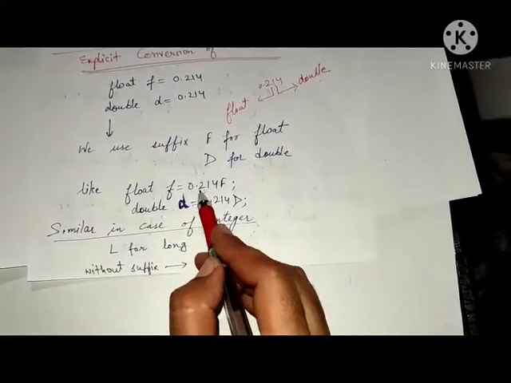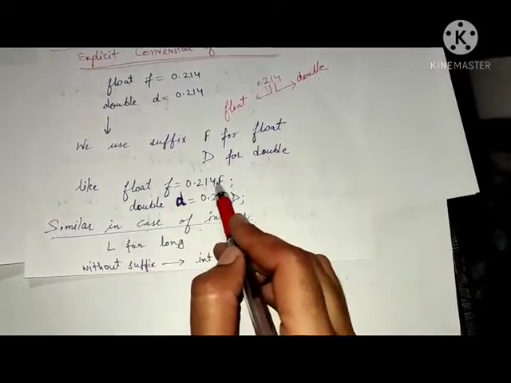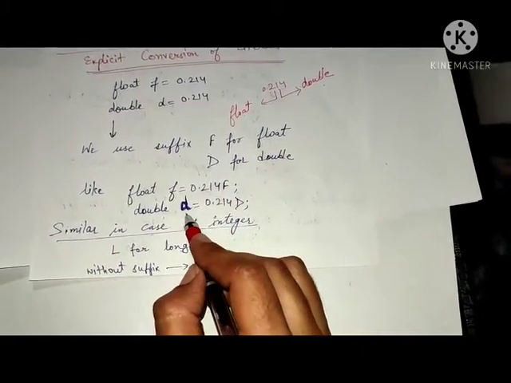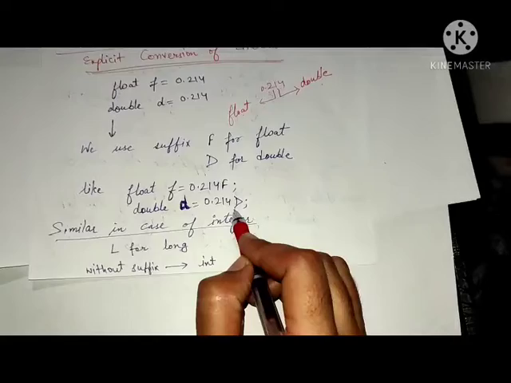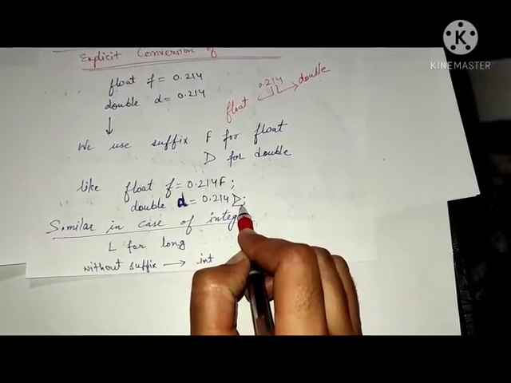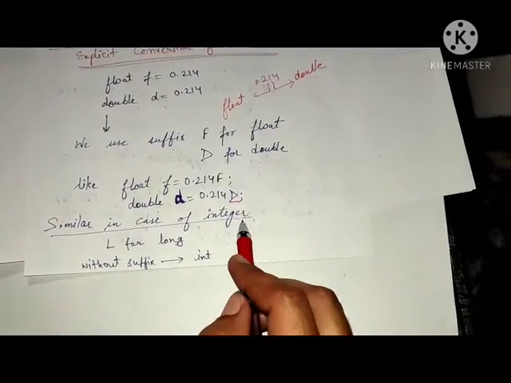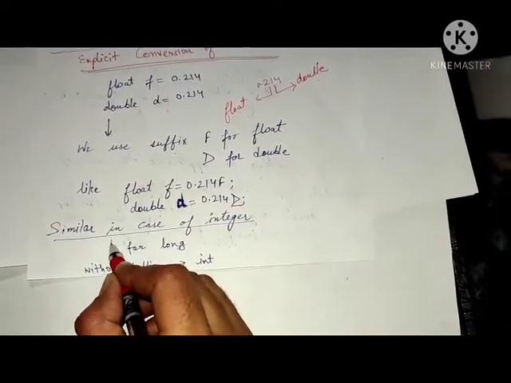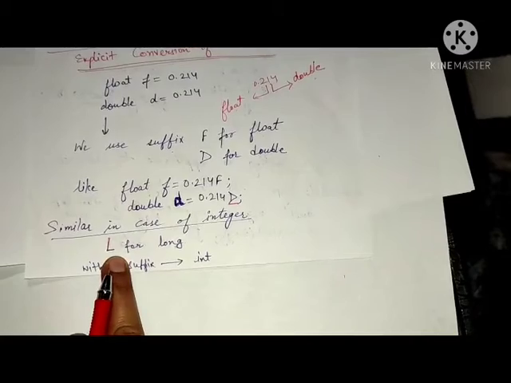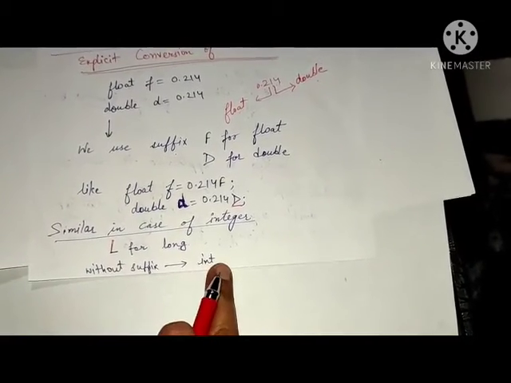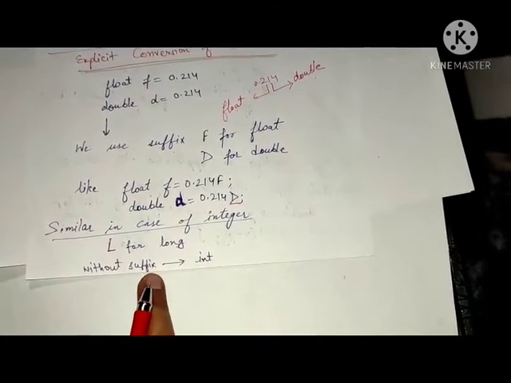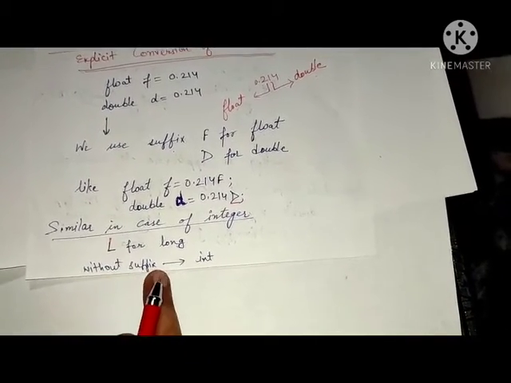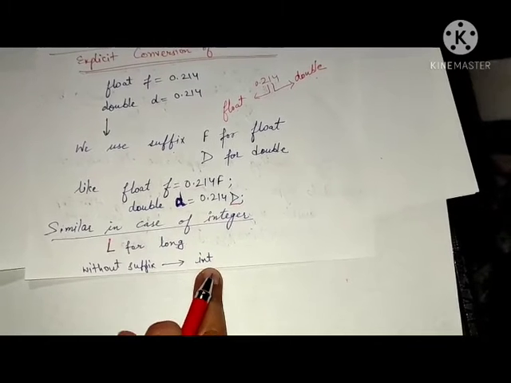For example, when we are giving the value to the float variable, we mention F, and when we are giving value to the double variable, then we have to mention D. Same in case of int and long. For long we have to write L as a suffix. For int, no need to write any suffix. If any integer number is without suffix, it means it is of int type.